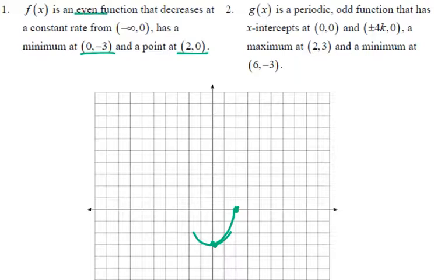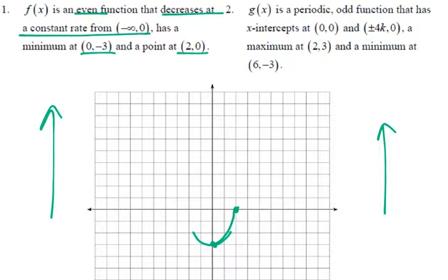Now it says it's even, so our end behavior is going to be going up on both sides. And since this is a minimum, it's not going to go below that. It decreases at a constant rate from negative infinity to 0. So from clear out here till we get to 0 right here, it's decreasing at a constant rate.